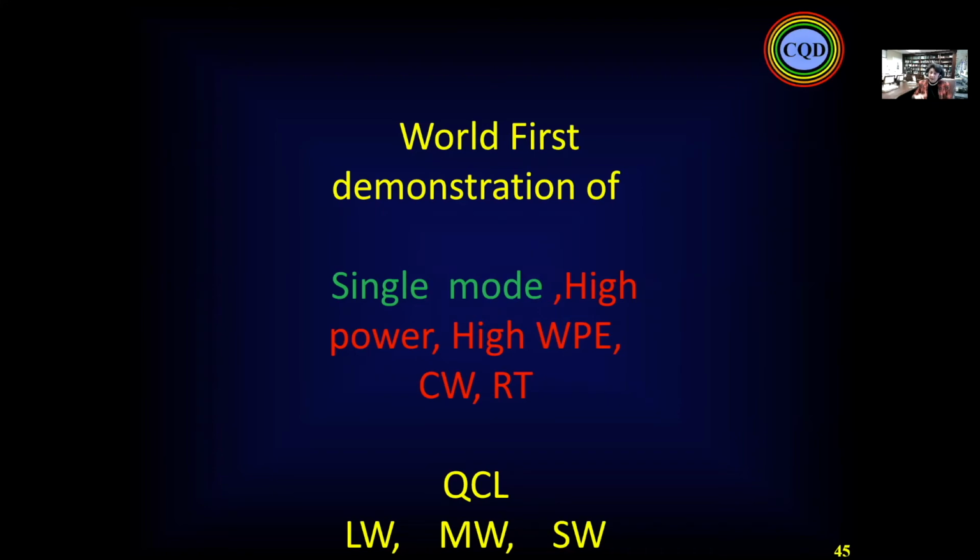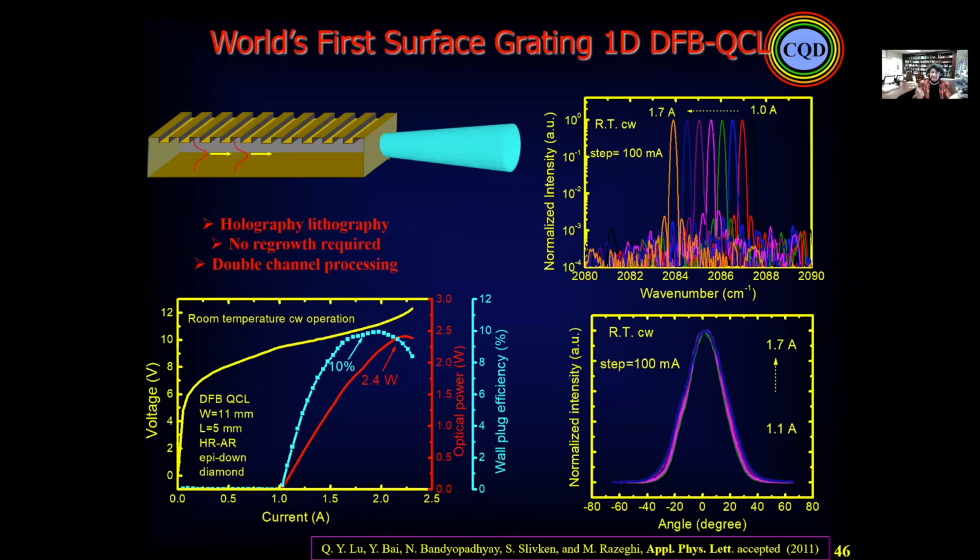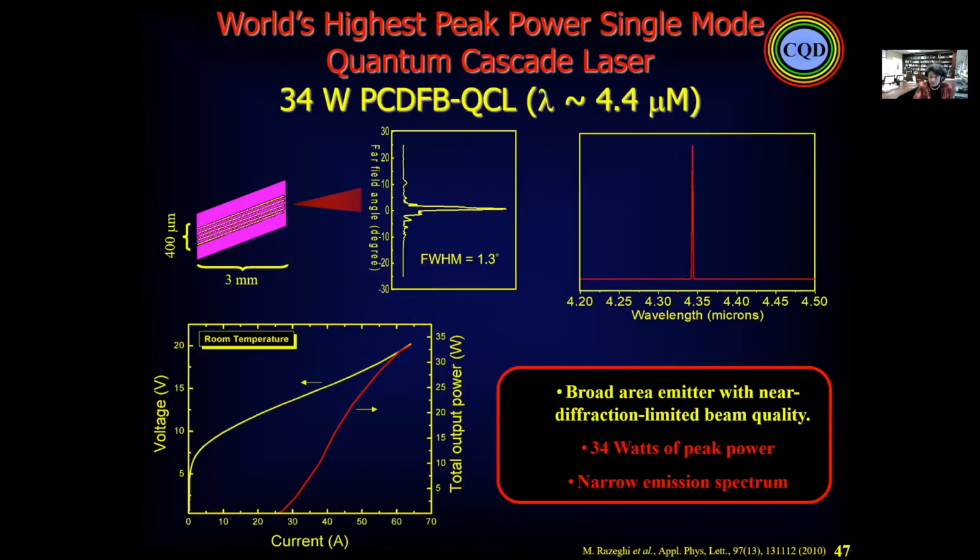Now, that is high power, but for many applications we need at the same time single mode, high power, high wall plug efficiency, continuous wave, room temperature. So we came with, that is the world first, again, DFB with 2.4 watts continuous wave, 10% wall plug efficiency, single mode. But now we went to photonic crystals.